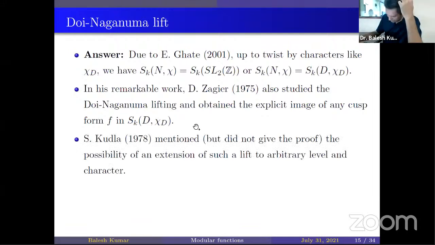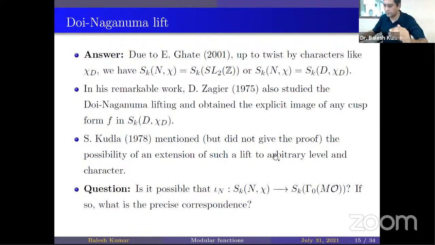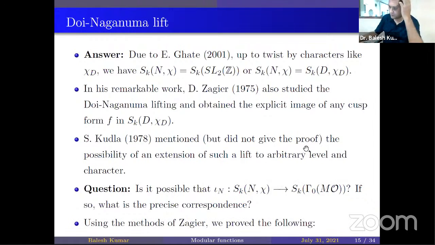And Kudla mentioned that this Doi-Naganuma lifting can also be generalized to arbitrary level and characters, but he did not give an explicit proof. So in our first work, what we did is generalize this Doi-Naganuma lifting for arbitrary level with certain characters.